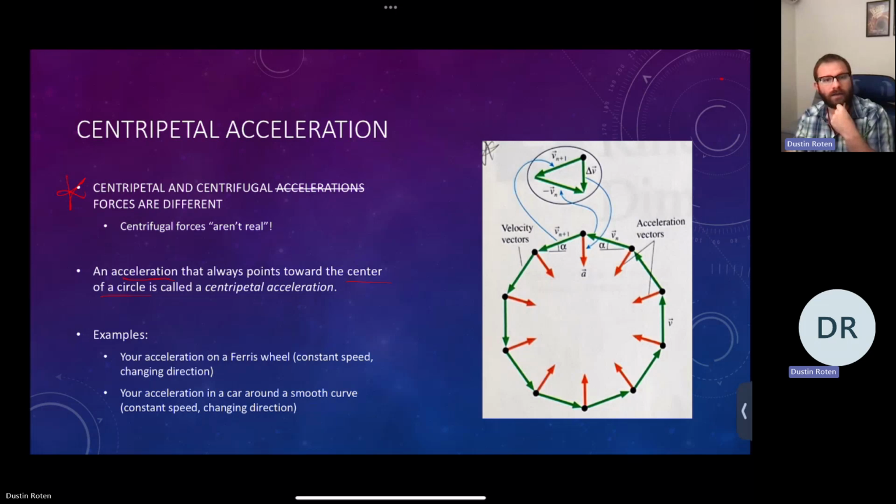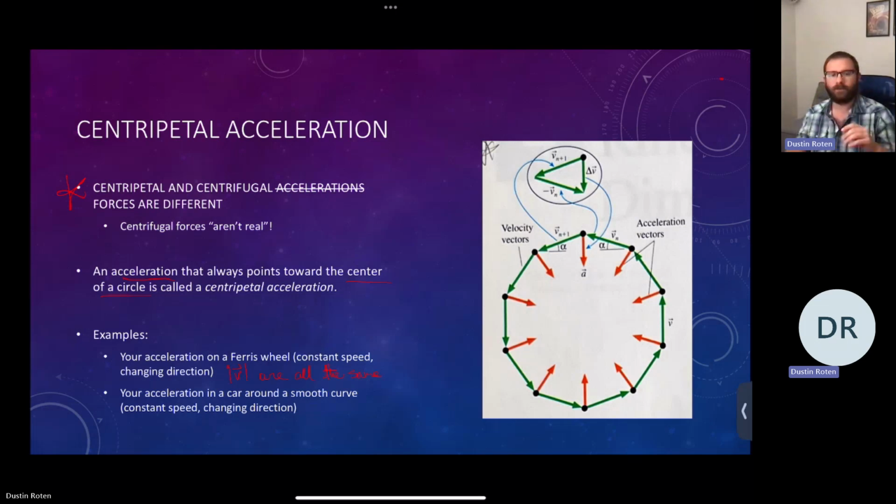So if you're accelerating on a Ferris wheel, which is usually, once the Ferris wheel gets started, at a constant speed, right? So the velocity vectors are all the same length. So I'm going to say V are all the same.